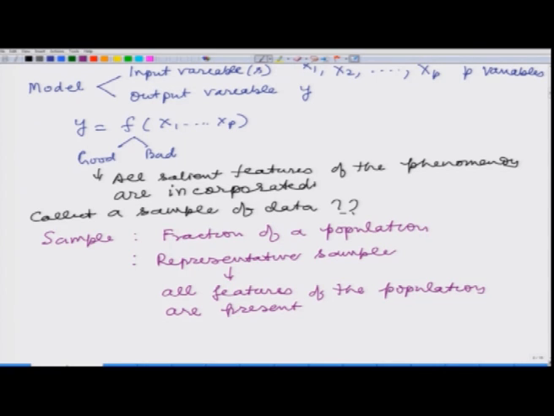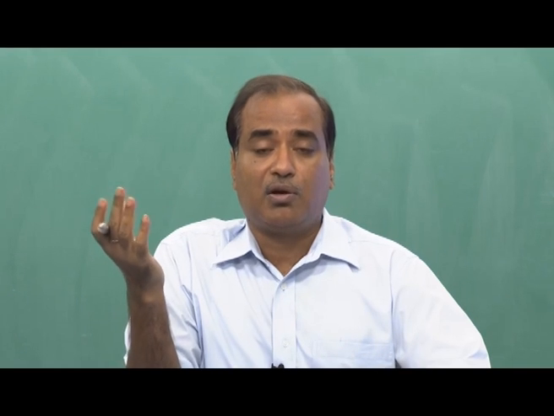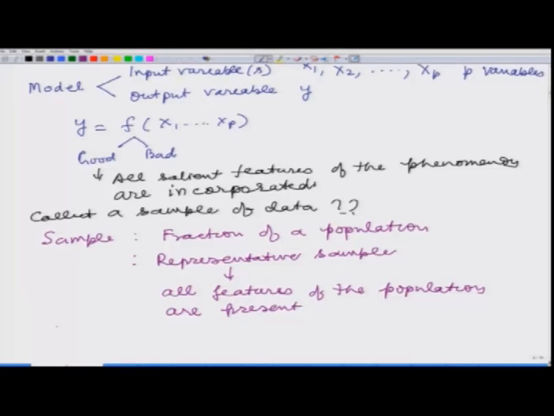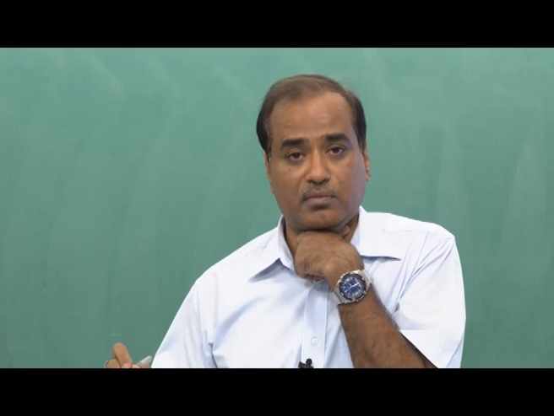And now as a statistician, how do we start? We try to collect the data. We try to conduct the experiment, or we try to observe the phenomena, and we try to collect the data. Now, one thing you have to keep in mind, which is very important, is that as a statistician, we have no right to change the process.